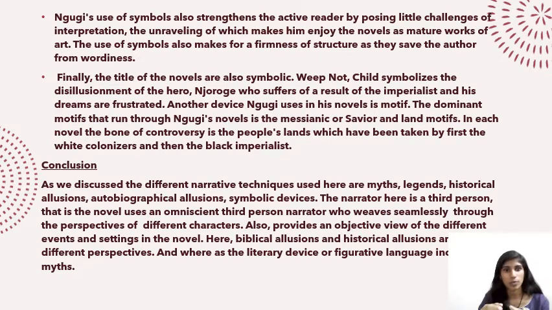Also, here we can see the biblical allusions and historical allusions and many different perspectives. And the literary device of figurative language includes myths, symbolic devices, etc. So this is all I want to say.